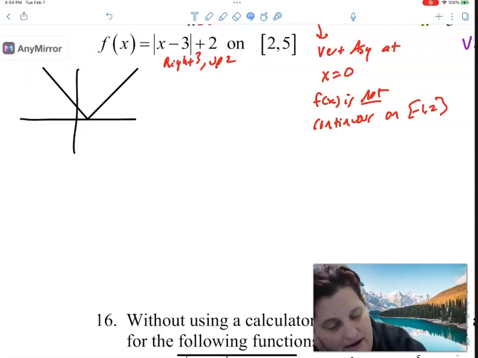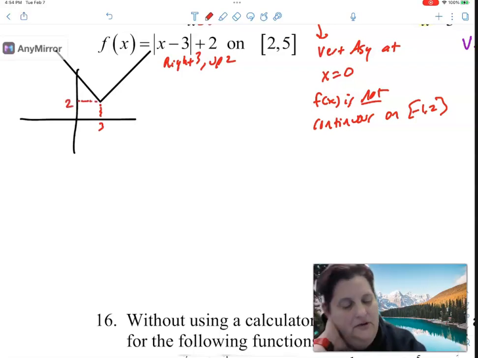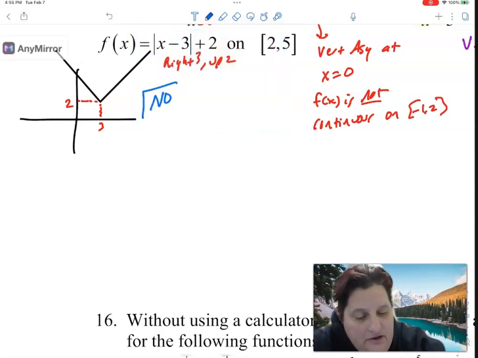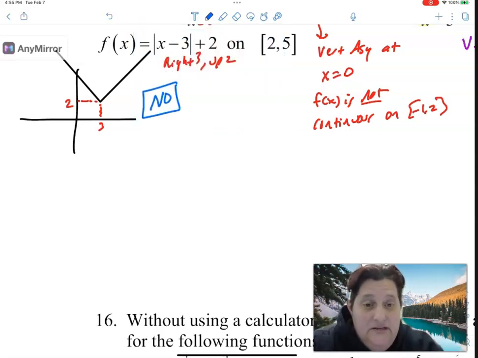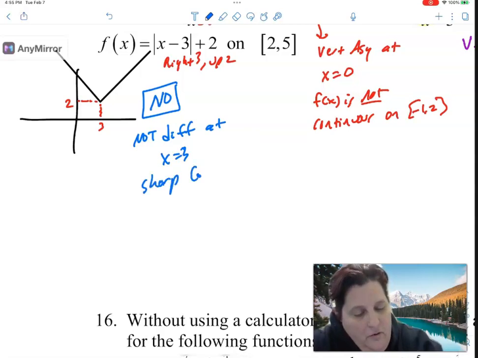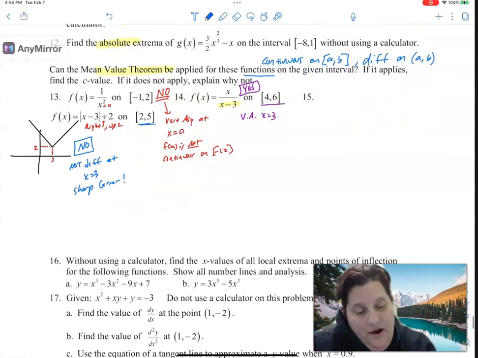So right here, this is the point (3, 2). This I actually cannot use mean value theorem on. It's continuous and that's fine, but it's not differentiable at x equals 3 because of a sharp corner, right? So it's not differentiable at 3 and 3 is in that interval, so I can't do it there. So the only problem that I can actually do mean value theorem on is number 14.